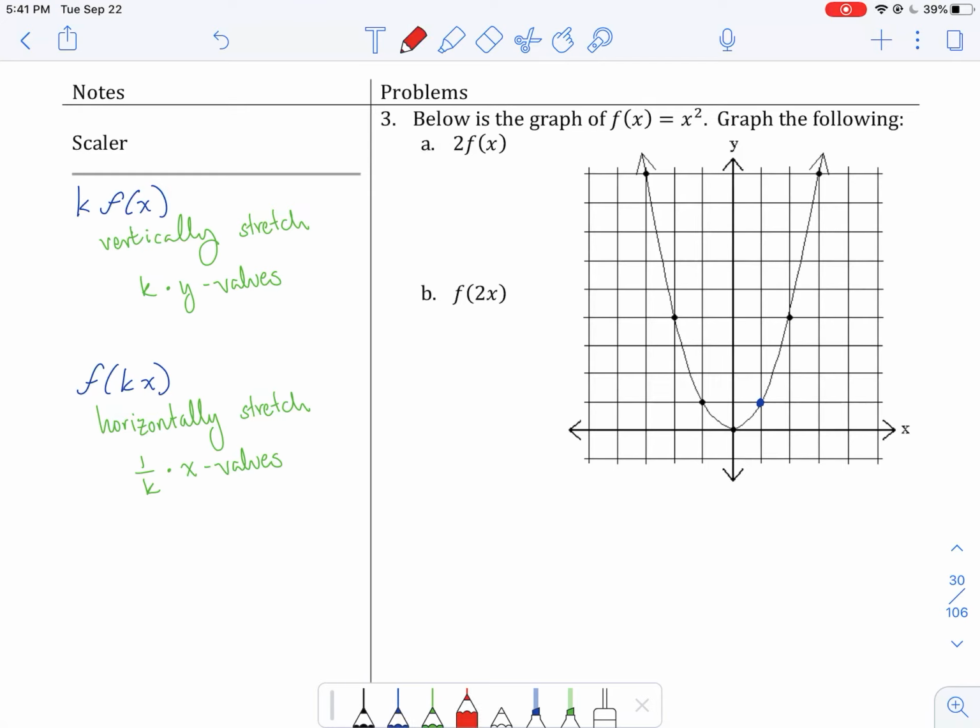So for my transformed graph, it would be 2. Here on my regular graph, my y value is 4. So my transformed y value would be 8. And so we can see that multiplying by 2 just makes it a steeper parabola like this.